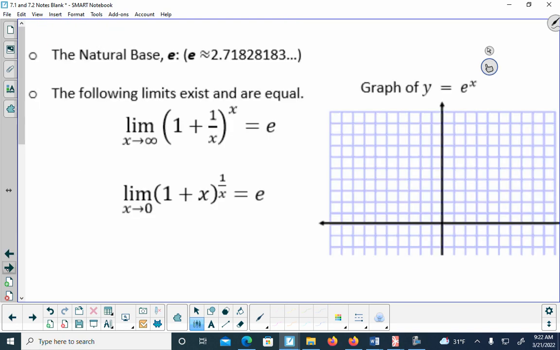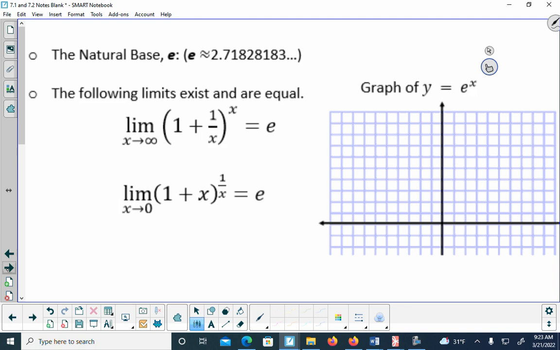So the next one, we're going to talk about the natural base, little e, and you remember that there is a button on the calculator. That e is 2.718 and all those decimals. That just tells you that's like a natural growth. So when I have the limit as x approaches infinity of 1 plus 1 over x, raised to the x, that's what e is.